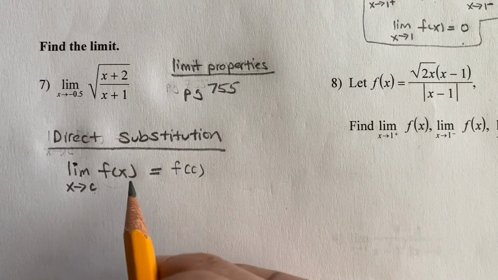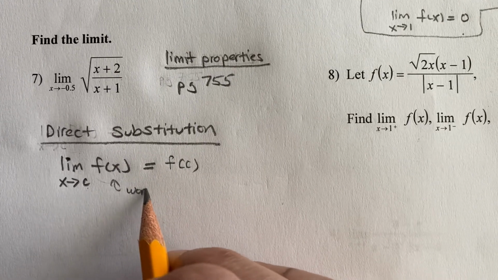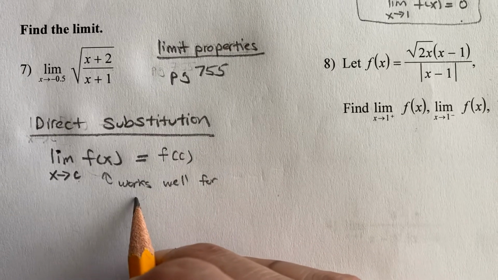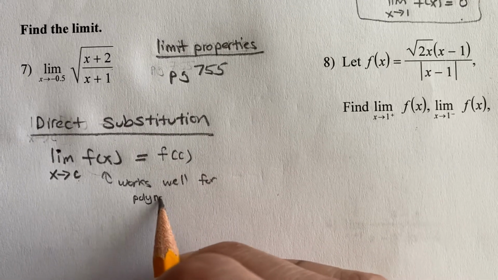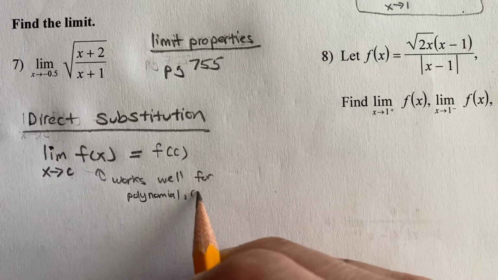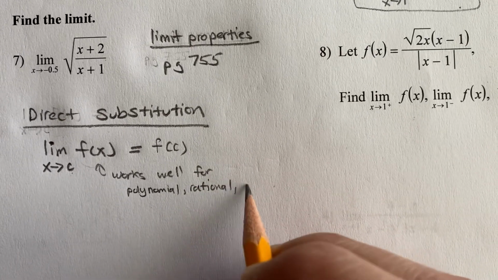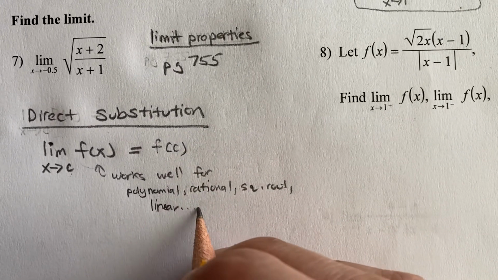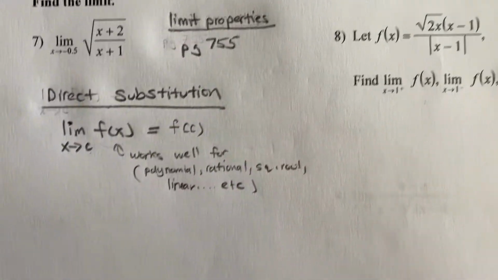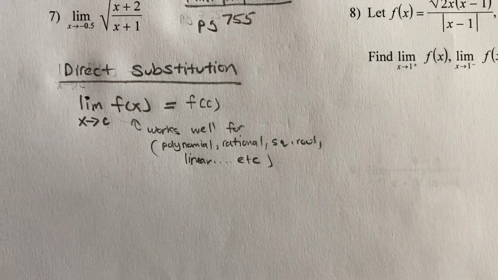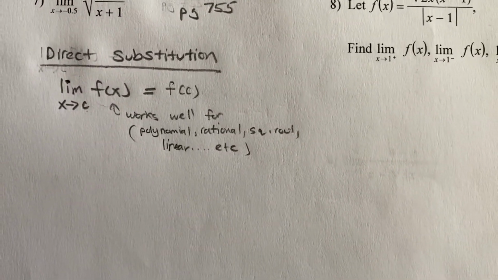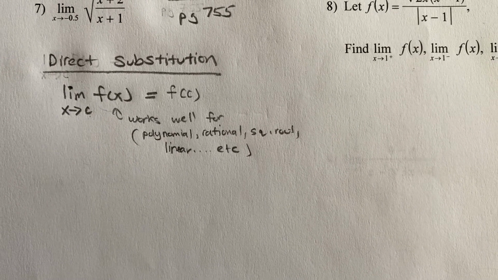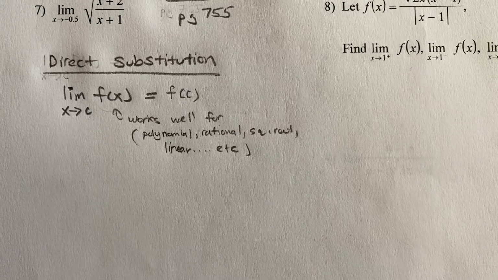And this works well for polynomial functions, rational, square root, linear. I think your textbook calls them well-behaved functions. Okay, so I'm going to go into detail about which functions you can just solve by using direct substitution, and which functions you actually need to manipulate later on in a future video.